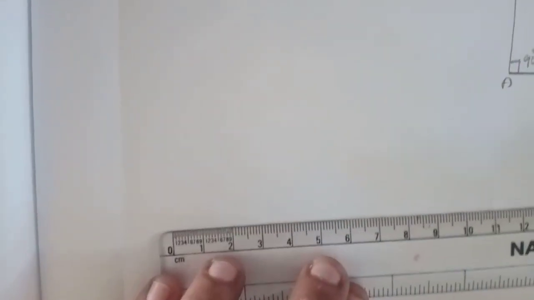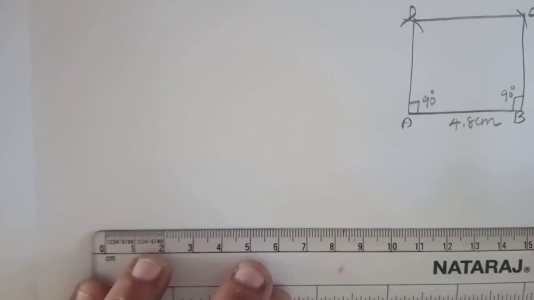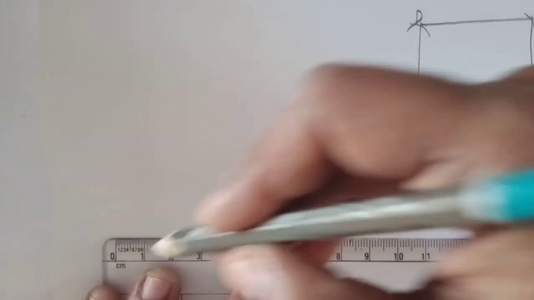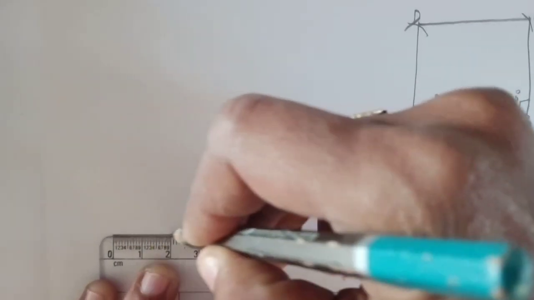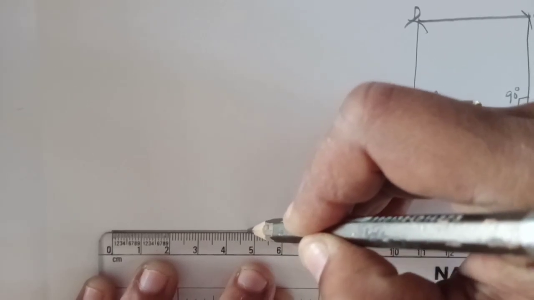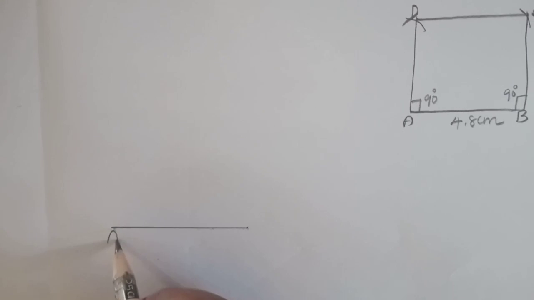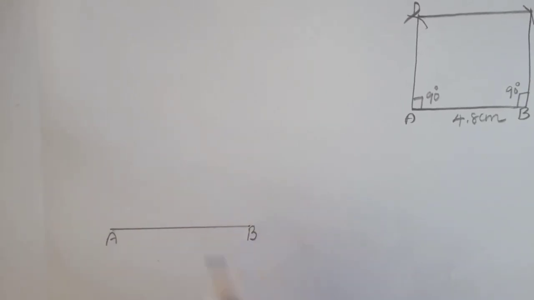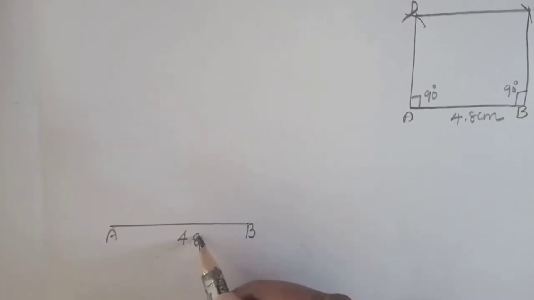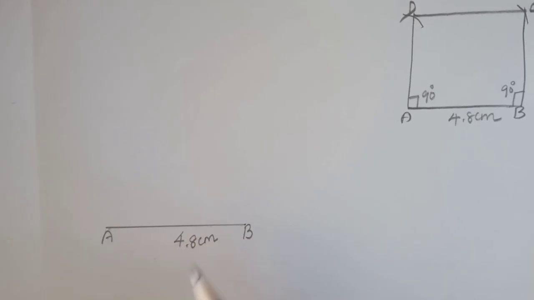First, draw a line segment AB equal to 4.8 centimeter.